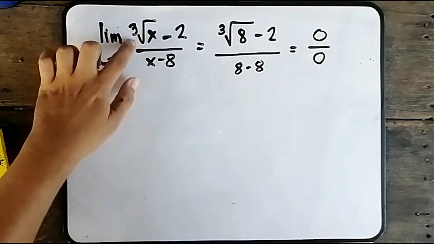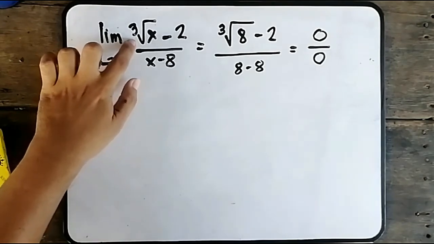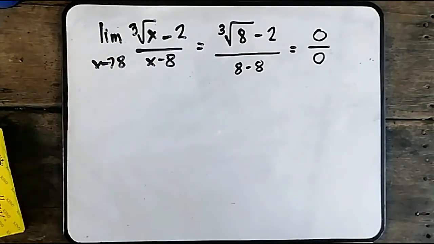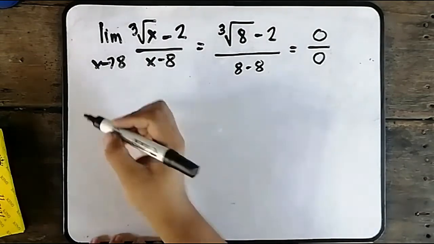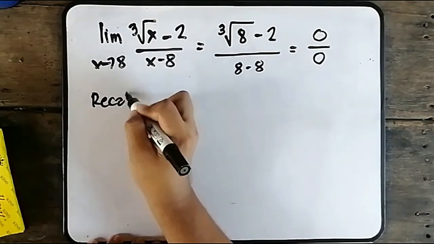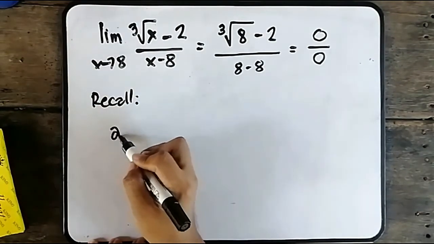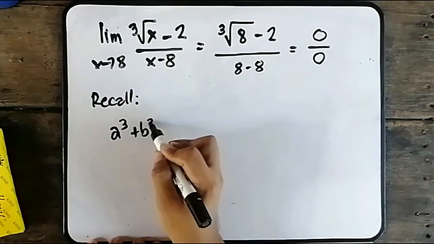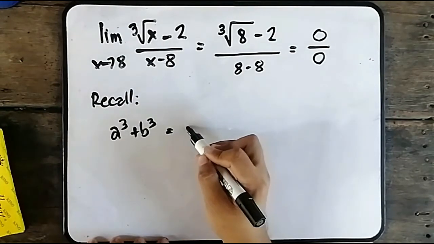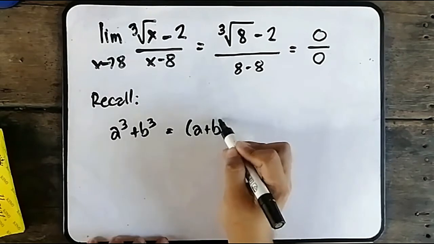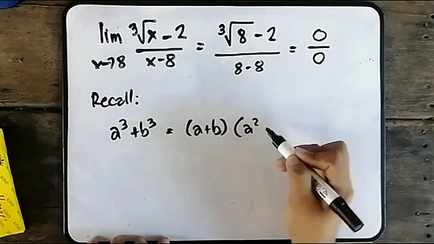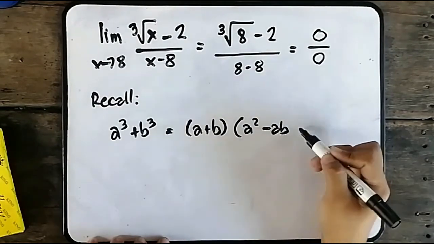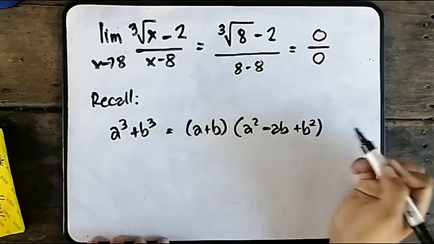However, we have cube root of x. So ano ang i-multiply natin para matanggal yung cube root na yan? So recall, yung a cube plus b cube is equal to a plus b, a squared minus ab plus b squared.